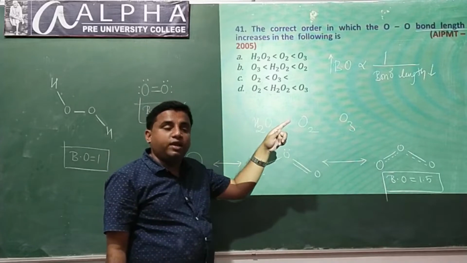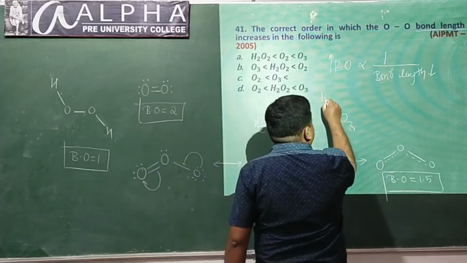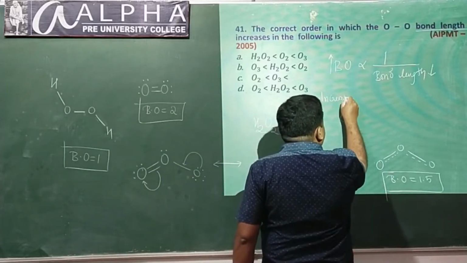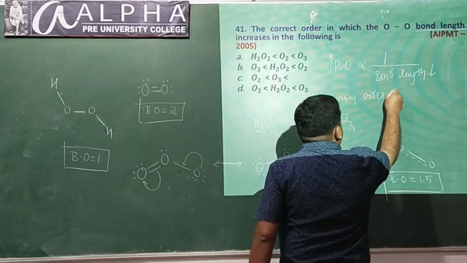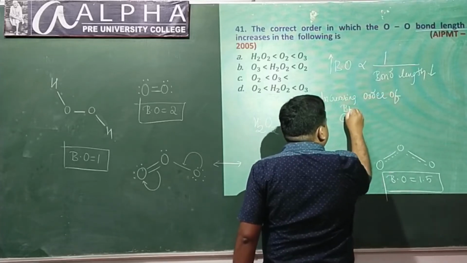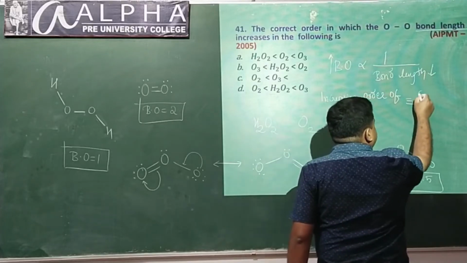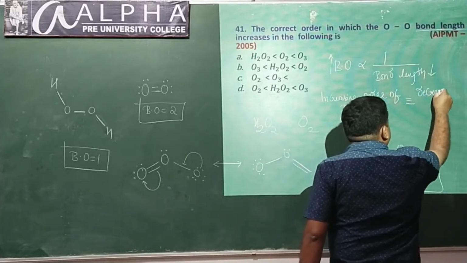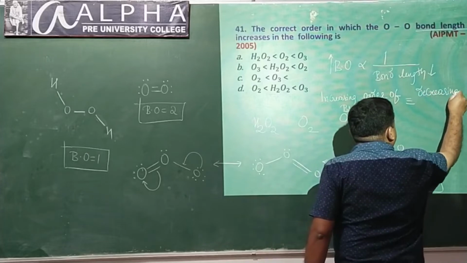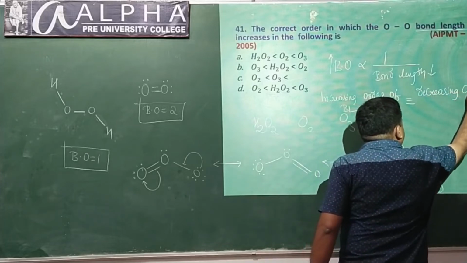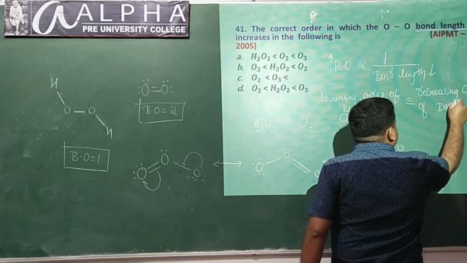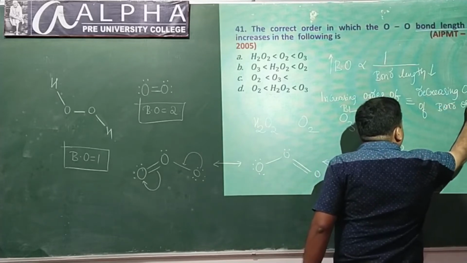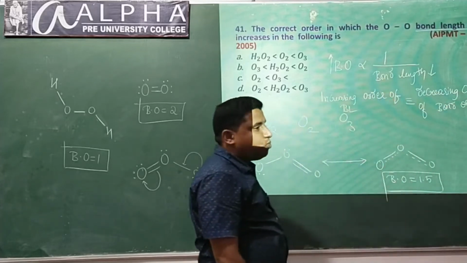Increasing order of bond length means decreasing order of bond order, isn't it? Because bond order is inversely proportional to bond length.